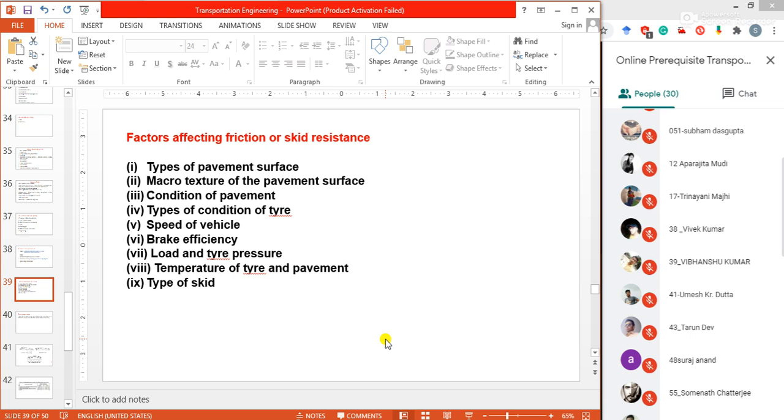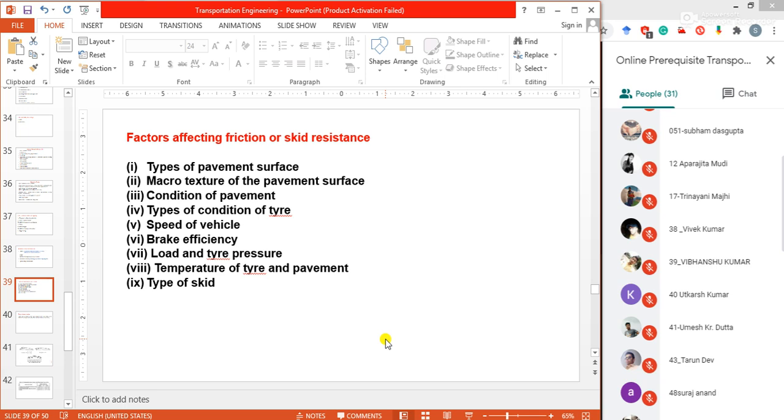Types of pavement surface may be cement concrete, bituminous, WBM water bound macadam road, or earth surface. Number 2, macro texture of the pavement surface or its relative roughness. Texture of the pavement surface. Texture is the surface type. Okay, surface type is called texture.